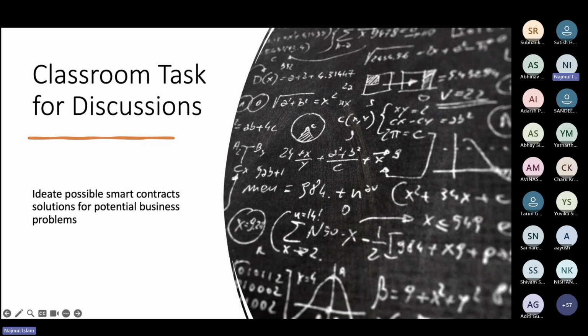But now let's think of this also, because we do business. We try to solve problems, but at the same time, we want to make money. So business is about making money, right? So if we develop such a smart contract or such a platform for buying and selling, then who is going to make money and how?